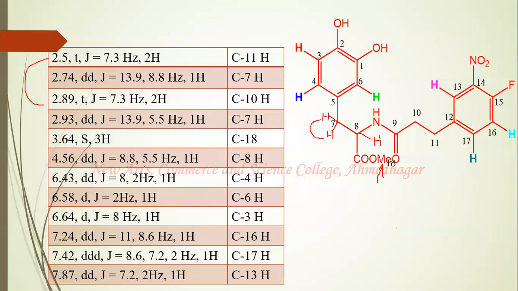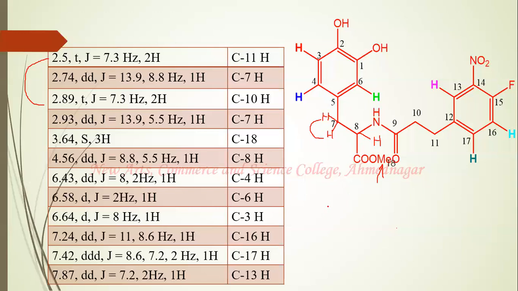So this must be their coupling partner. 4.56 doublet of a doublet proton is because of the C8 proton, which couples with one of the protons on C7 by 8.8 Hertz coupling constant value, and with the second proton it couples by 5.5 Hertz coupling constant value, and it gives me the doublet of a doublet.